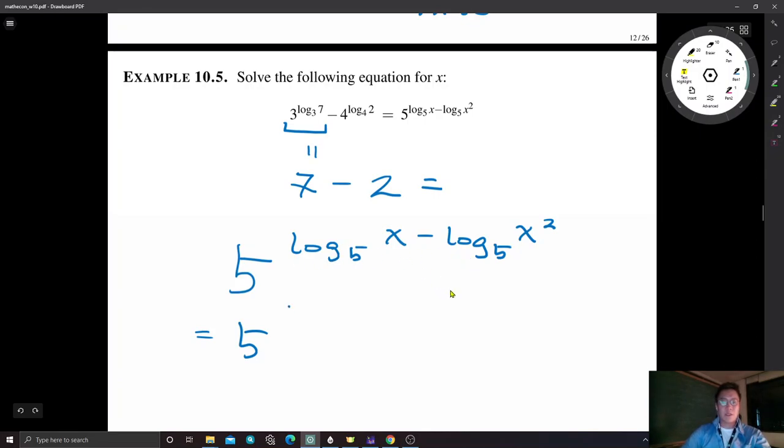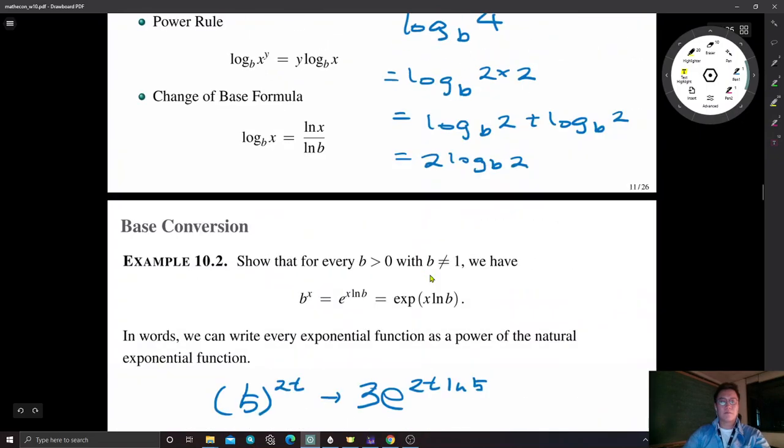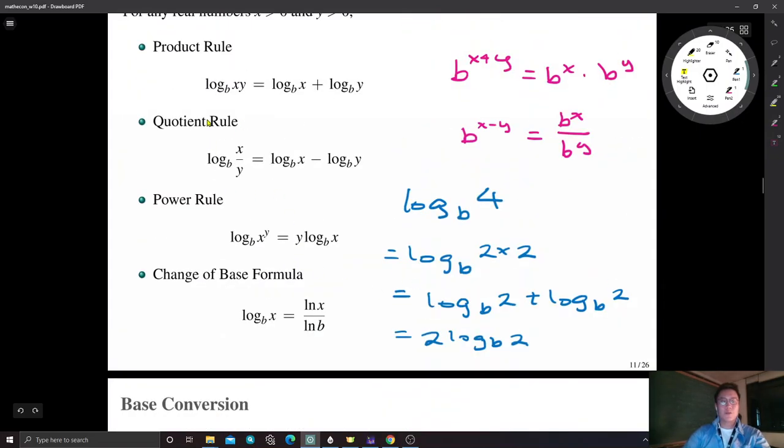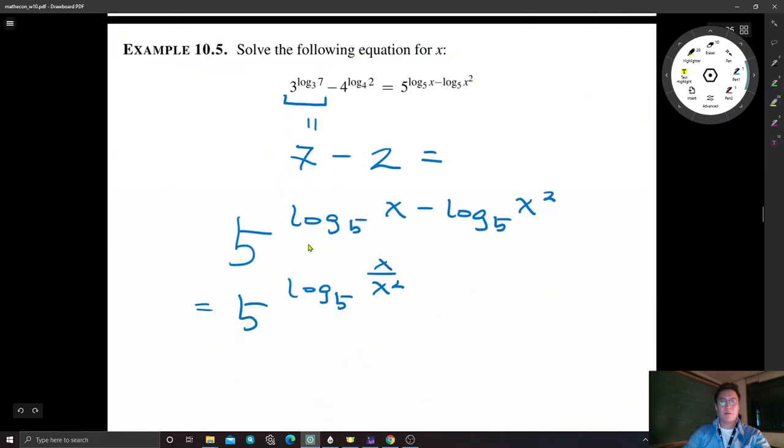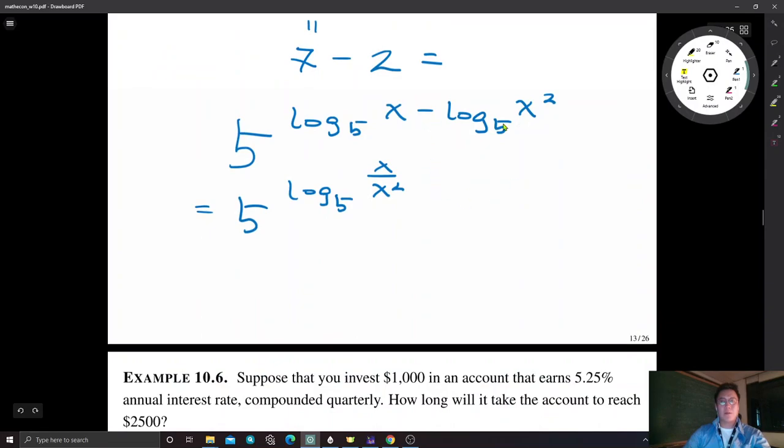So that is logarithm with base 5 of x over x squared, by the quotient rule. Using this rule, I can rewrite this quantity as a division.